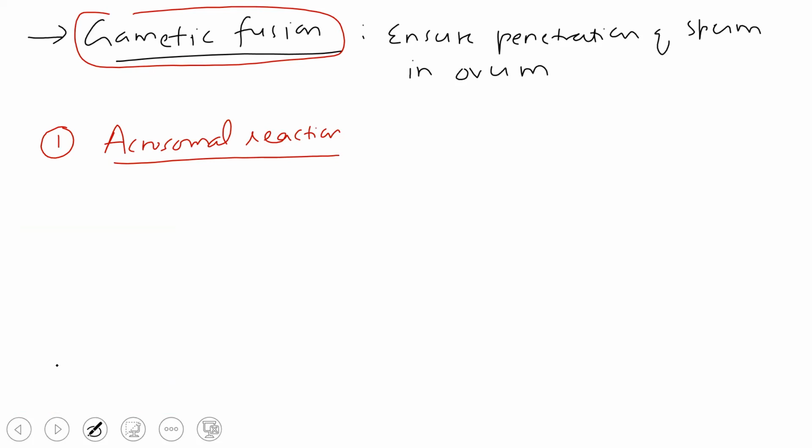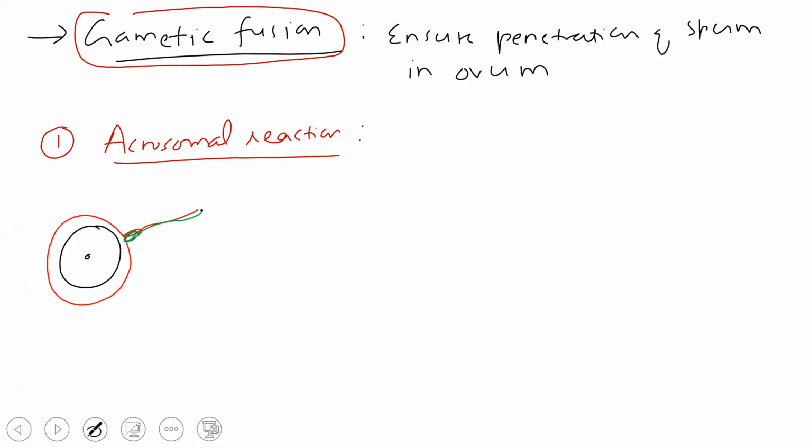So what will happen in this case? Let's say this is the ovum, and there is also the zona pellucida outside, and let's say this is the sperm.